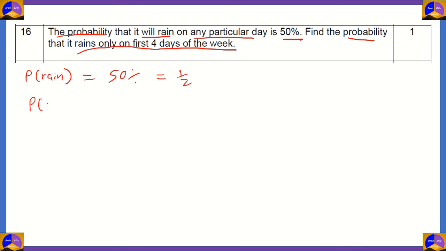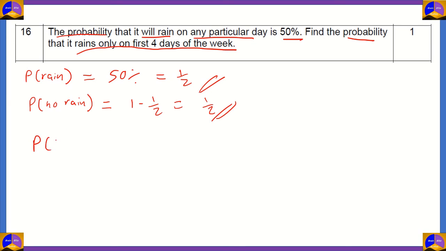And what that also means is that P of no rain, that means the probability that there is no rain on that particular day, is 1 minus 1 by 2, 1 minus P of rain. That will be 1 by 2 as well. Now we need to find the probability that it rains only on the first 4 days of the week.